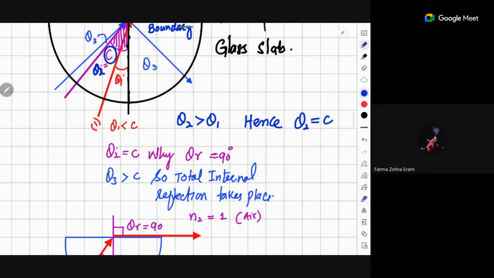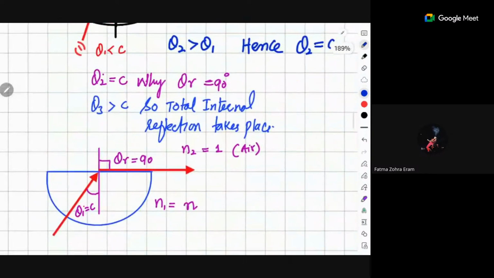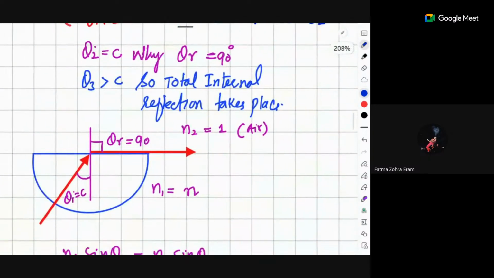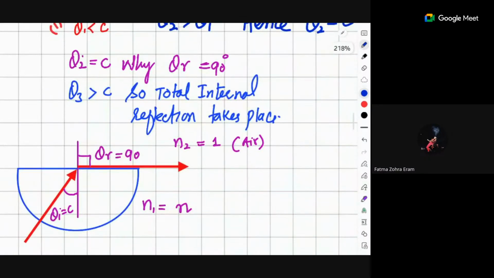Why is so? Now this is the explanation here for critical angle in this diagram. If you see, I have written that theta 2 is equals to critical angle. Why? Because theta r at this angle becomes 90 degree.